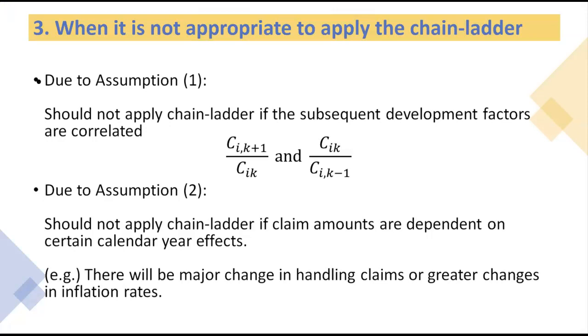The second assumption was that the claim amounts are independent for different accident years. We should not apply chain ladder if the claim amounts are dependent on certain calendar year effects. For example, if there was a major change in handling claims or greater changes in inflation rates, then claim amounts are dependent on those effects.